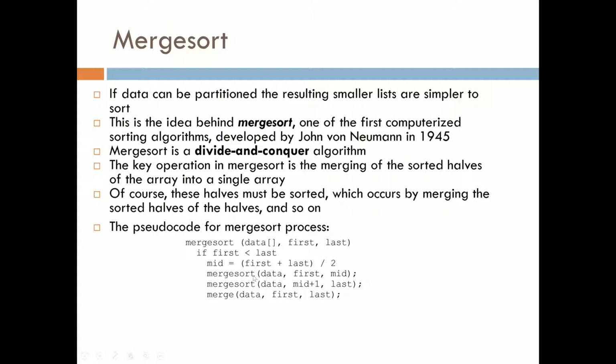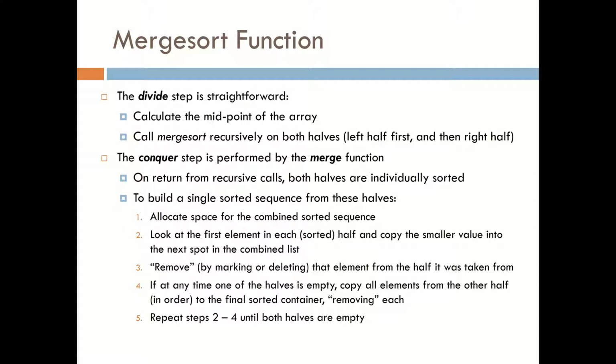We call merge sort with the left half, going from first all the way to mid, and then we call merge sort on the second half from mid plus 1 all the way to last. Those are just divisions once again, and then merge actually merges the data for the entire instance of the function. So let's take a look at a little bit more detail.